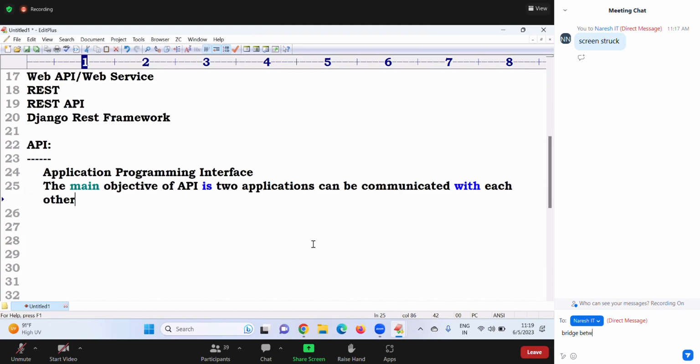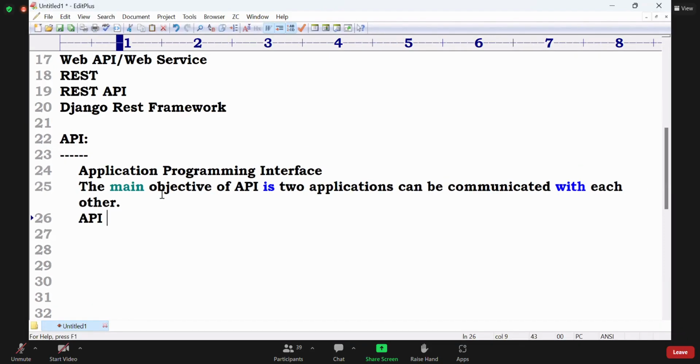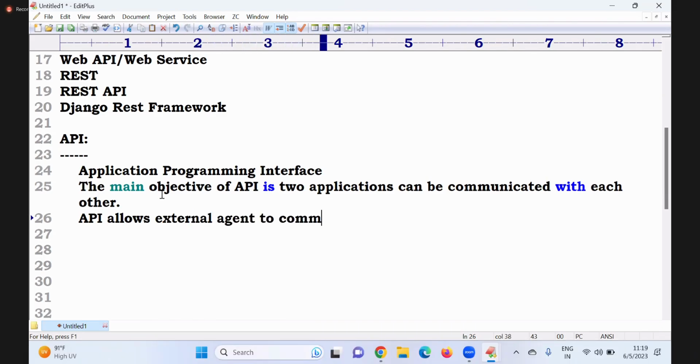Then I need to go to the API, the first terminology. That API allows an external agent to communicate with our application.